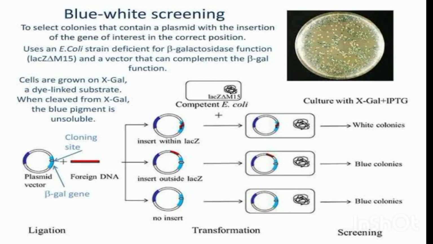So I was talking about ROP, right? They have a lacZ, which is going to produce beta galactosidase. E. coli strains are deficient in beta galactosidase function, and a vector that is competent in beta galactosidase function, the cells are grown on X-gal.